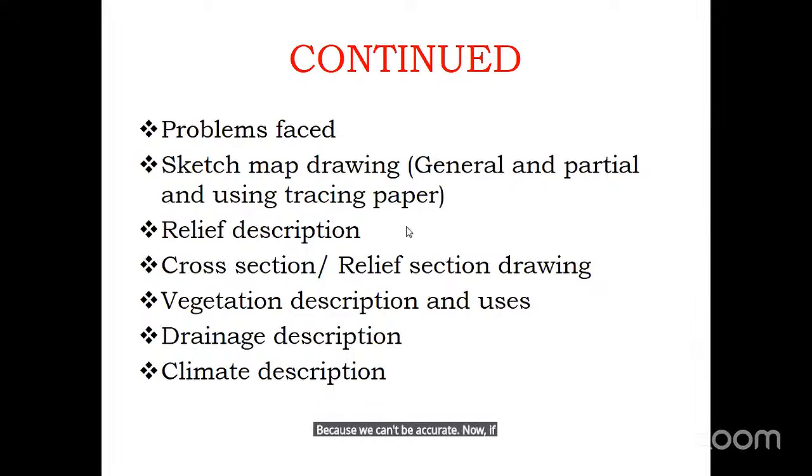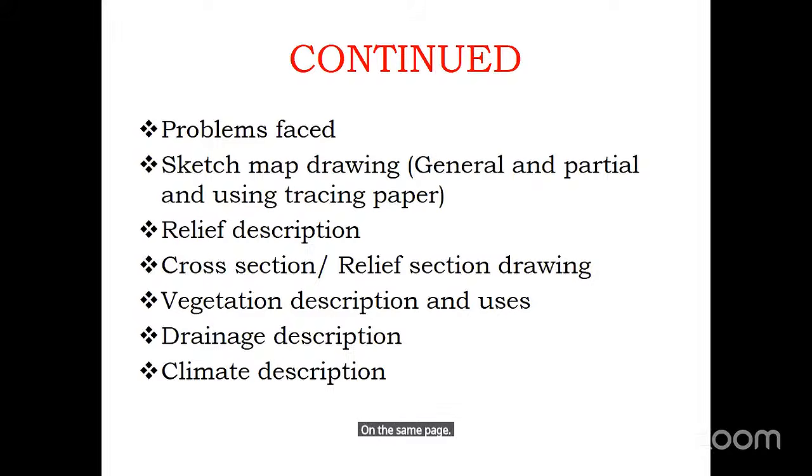Now, if you are drawing a sketch map, have a title, have the frame. A frame should occupy at least half of the page. Have the compass rose and have the key on the same page.